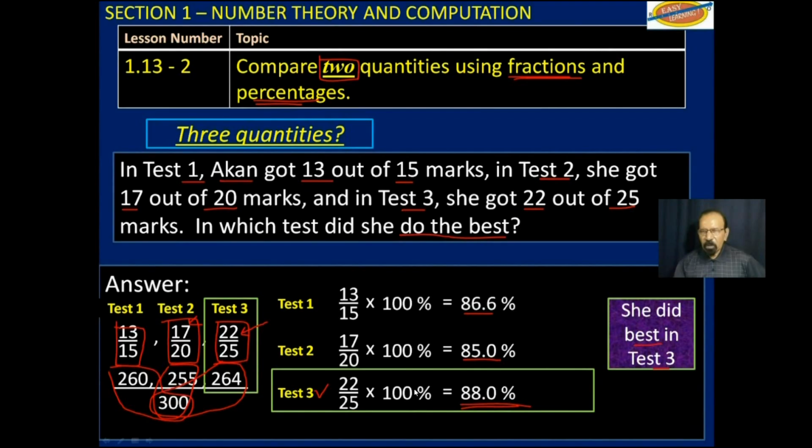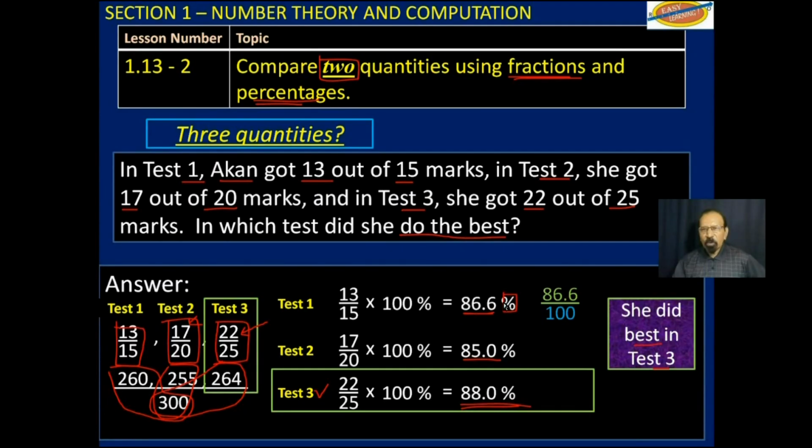Now, before I finish this topic, notice that this 86.6% and this 85.0% and this 88.0%, what you have done is that you have also carried them to a common denominator, and the common denominator is 100 because this percent here means out of 100.